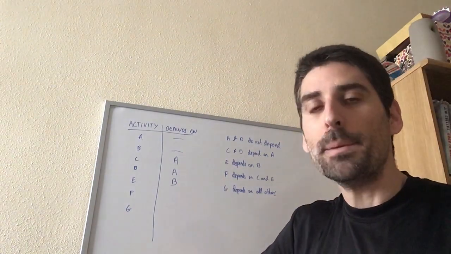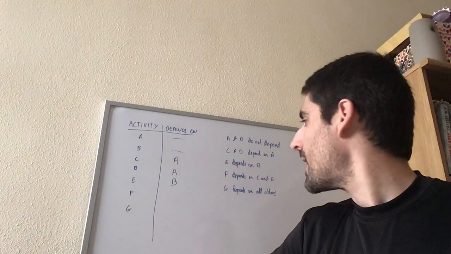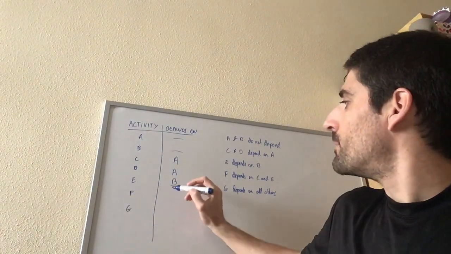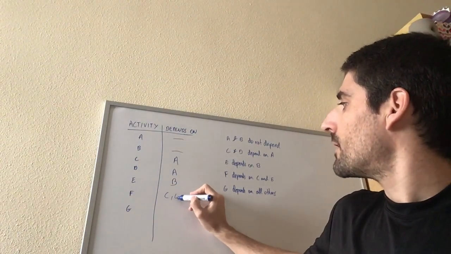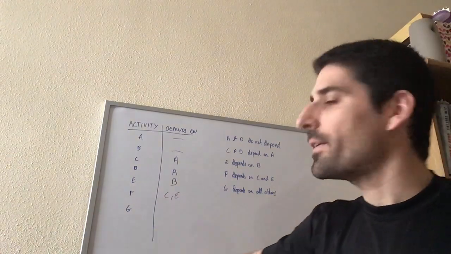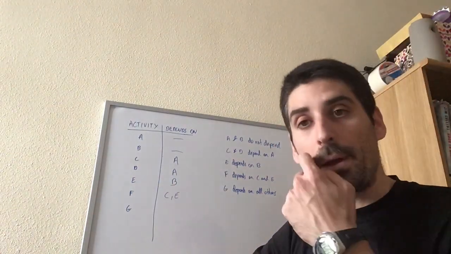F depends on C and E. And here the last bit, G depends on all the others.